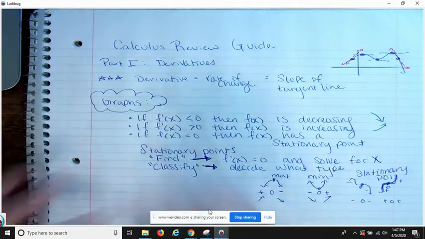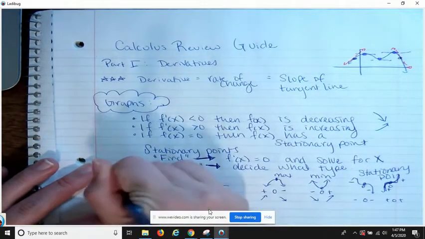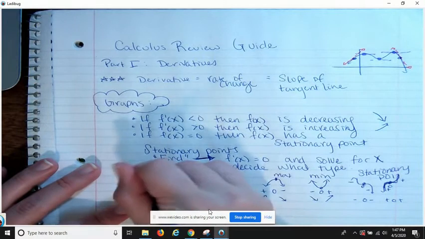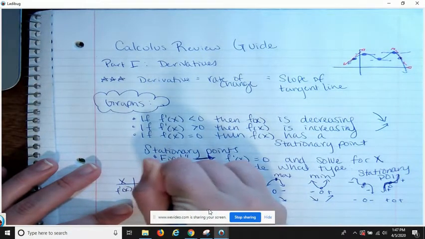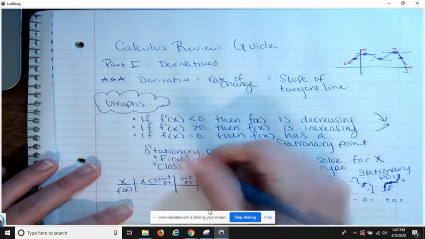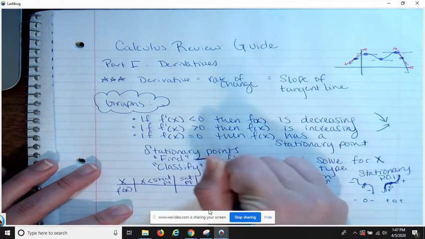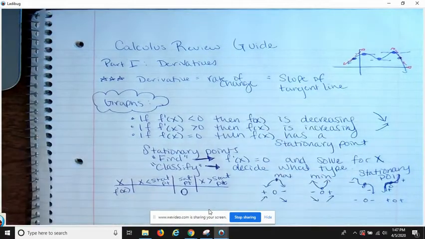And you classify them by creating this chart with x and then f prime of x. You'll have an x value less than your stationary point, then your stationary point, then an x greater than your stationary point. Okay, and at your stationary point, the f prime of x value should always be 0.